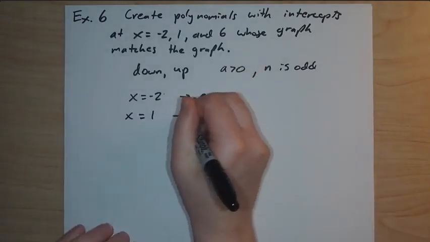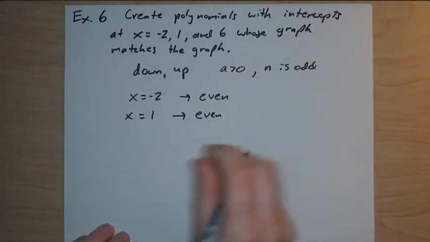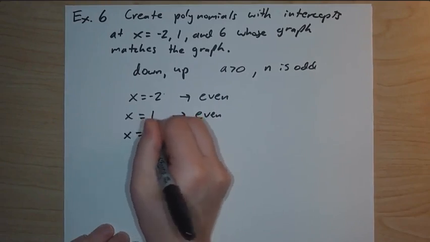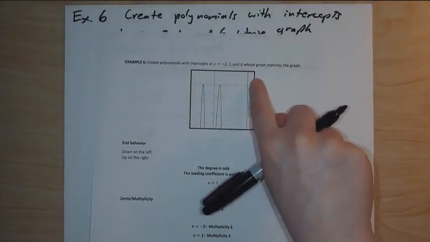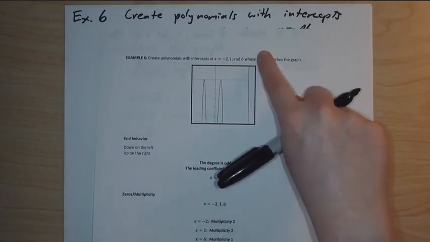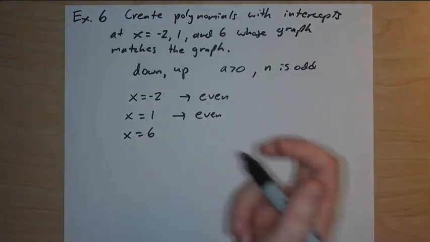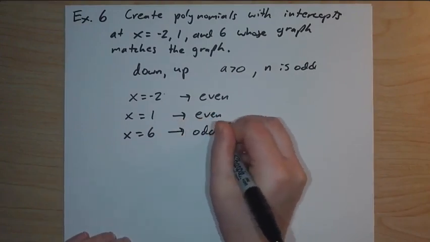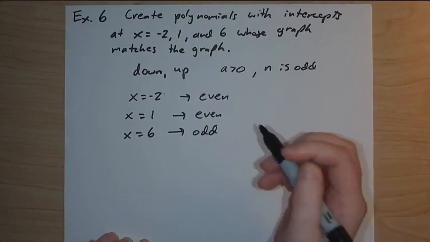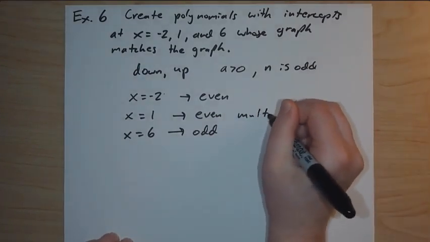So we know again that we have an even multiplicity. And for x is equal to 6, if we look at the graph, it goes straight through the x-axis and goes up to probably infinity. So we know that this is odd multiplicity. So these are multiplicities, by the way.